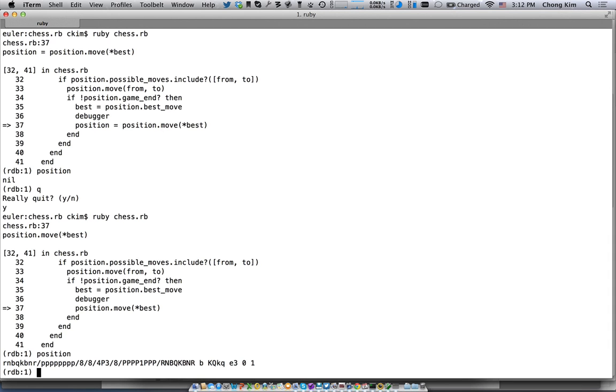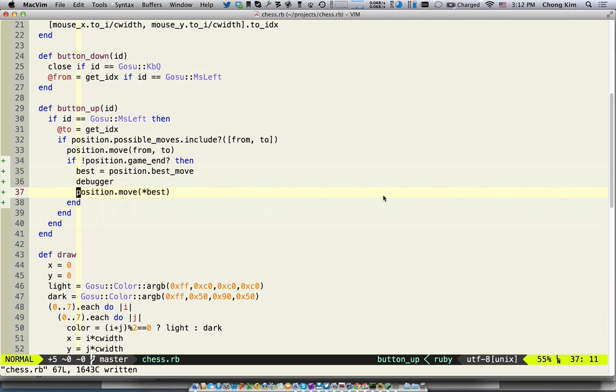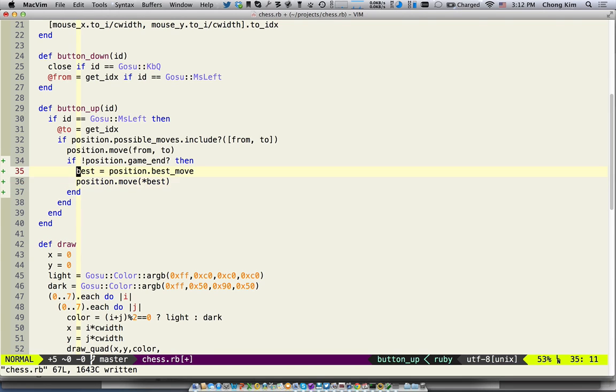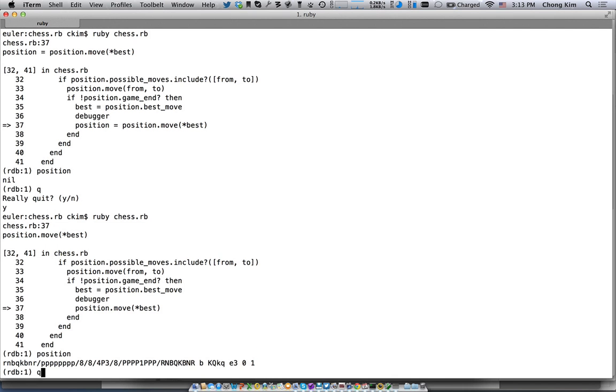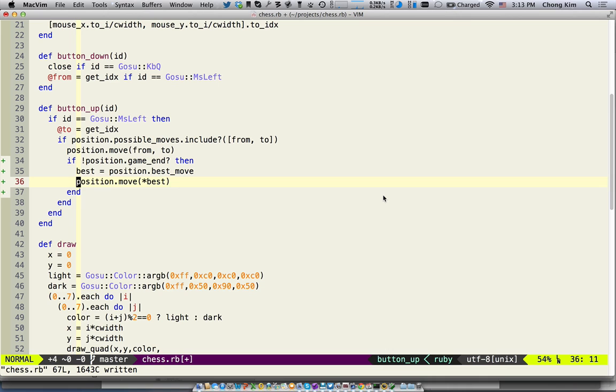So I think this is a bug in the language, because position exists, and then when I made that assignment statement, it didn't exist. So that's a problem.